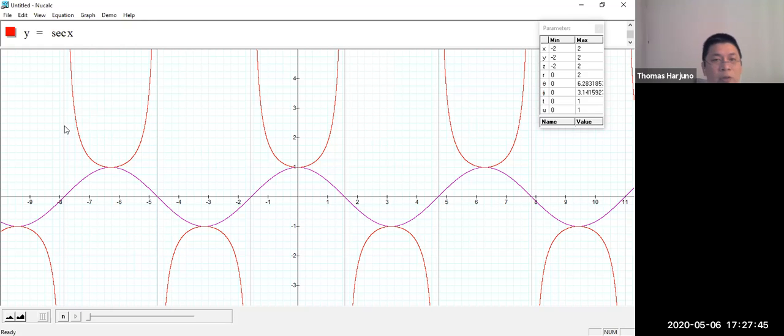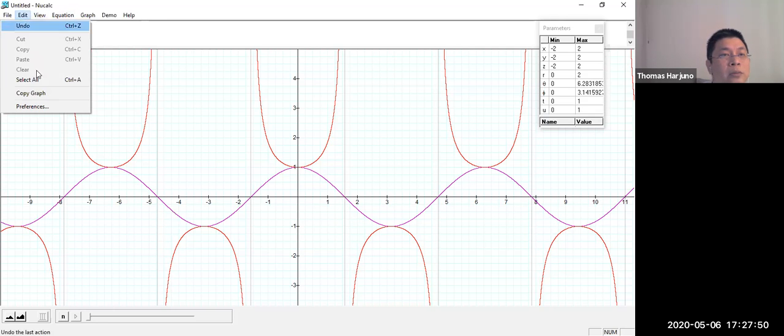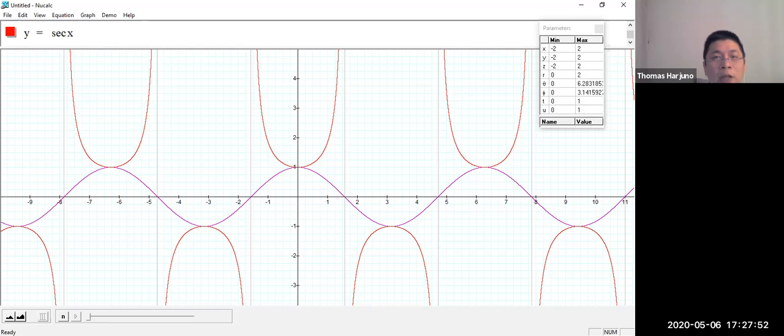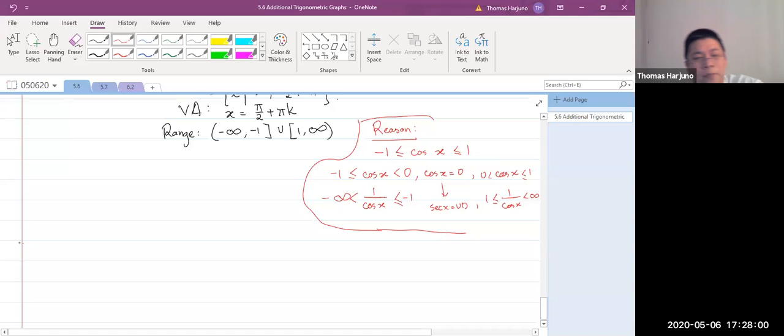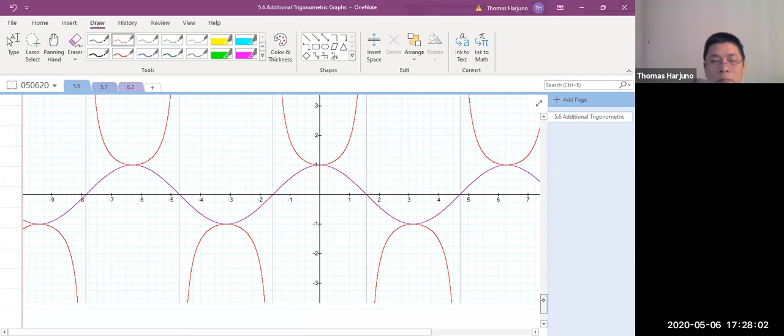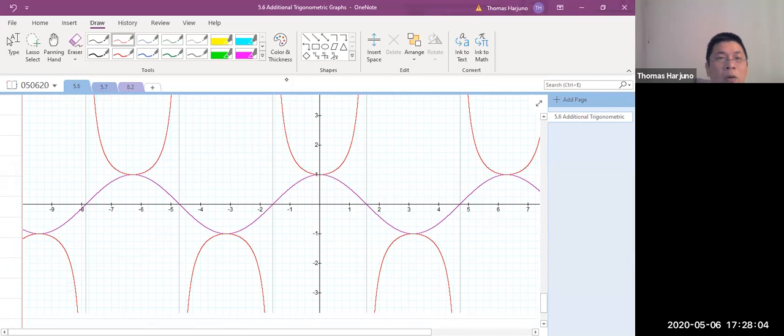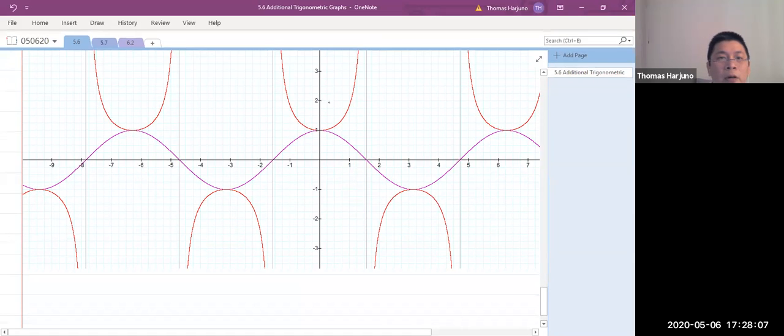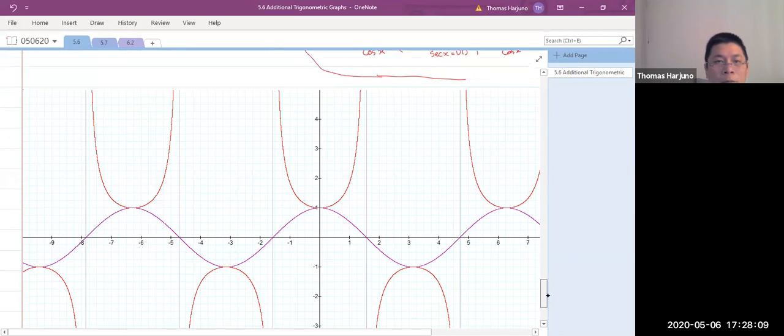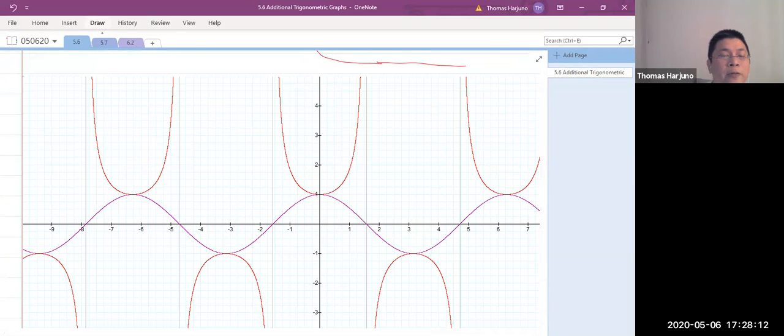Notice that. Let me copy this graph and bring it back to our picture here, our notes. Notice that now this is the graph of cosine x, the purple one.